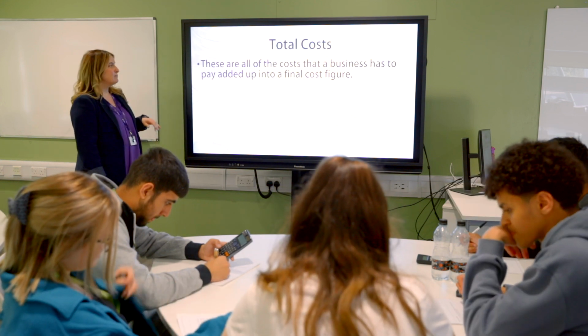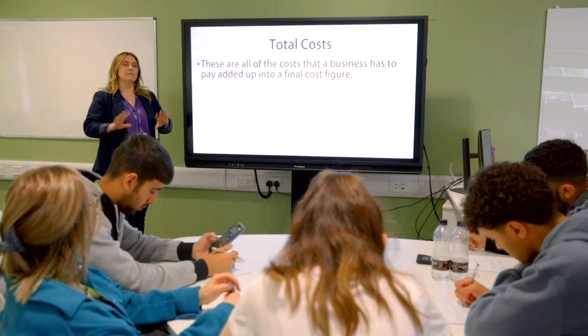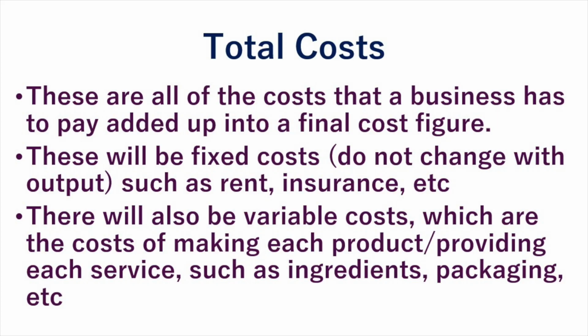Total cost then. So this is all of the money that the business is paying out. Okay, what are the 2 types of costs before I bring them up? Perfect. Fixed costs and variable costs. Fixed costs do not change, so this is going to be your rent, your mortgage. No matter if you're open for 4 weeks or 2 days, they have to be paid. Even if I go on holiday, I don't stop paying my mortgage for 2 weeks.